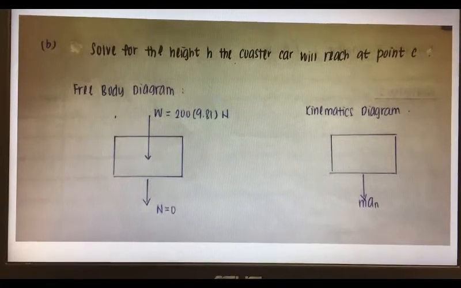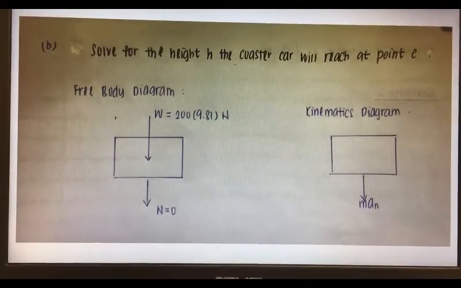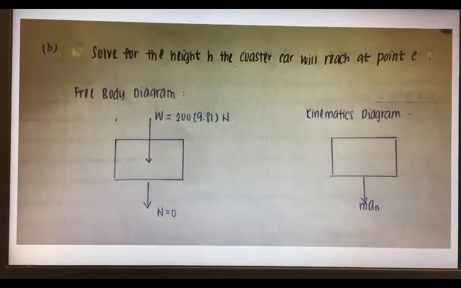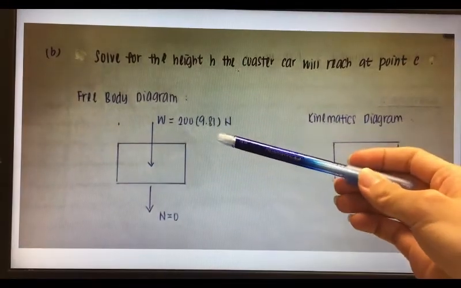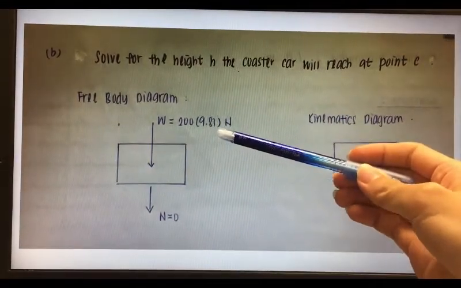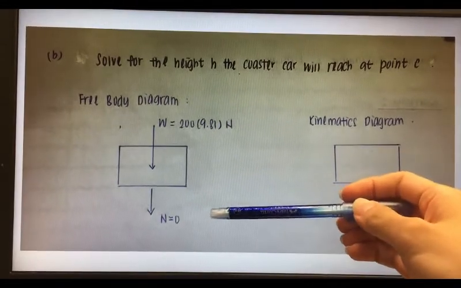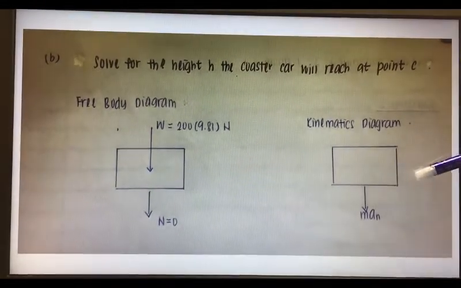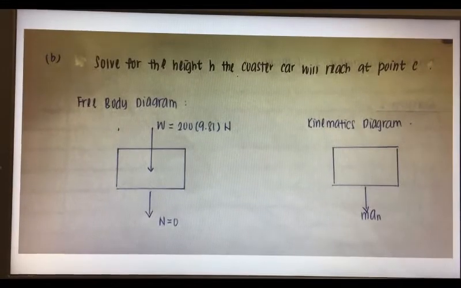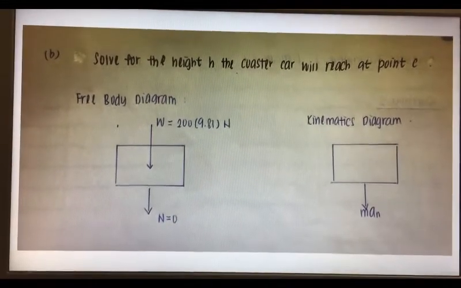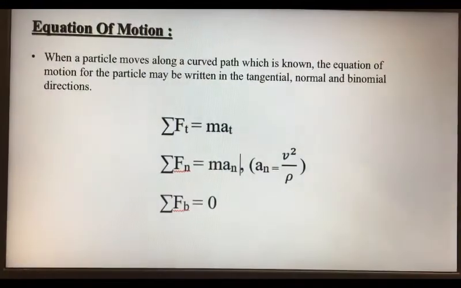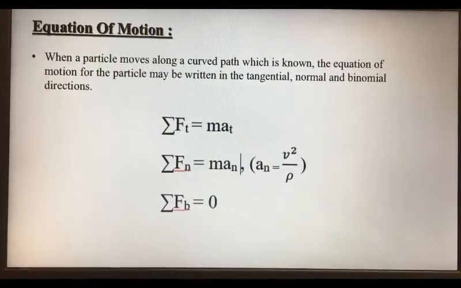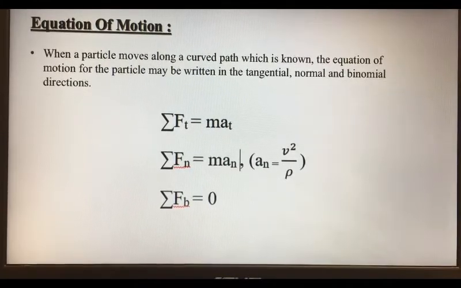This is the free body diagram and kinematic diagram from figure 3. This is the weight of the roller coaster, this is the normal reaction force, and this is the kinematic diagram. Then we will use the equation of motion to obtain the velocity at point B. The equation of motion applies when a particle moves along a known curved path.